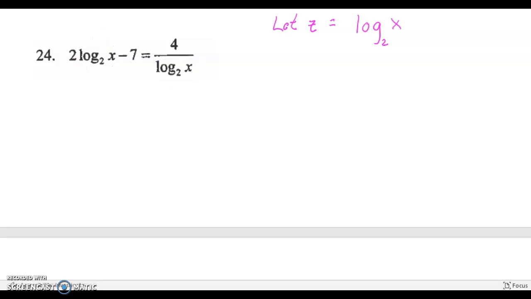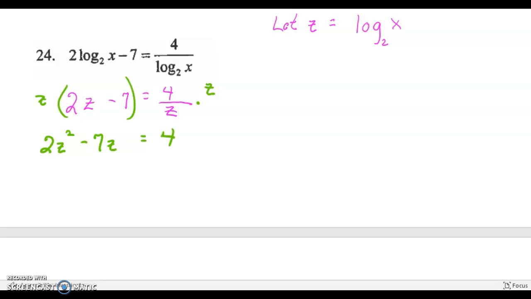So that would be 2z minus 7 equals 4 over z. If I want to cancel out dividing by z, I could multiply everything by z. That would give me 2z squared minus 7z equals 4.